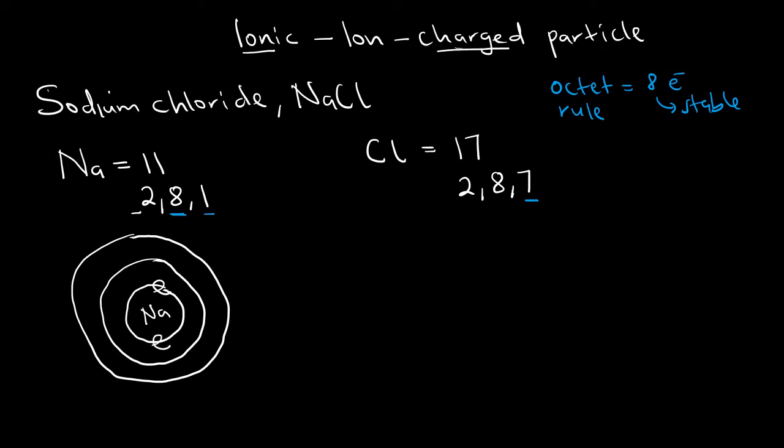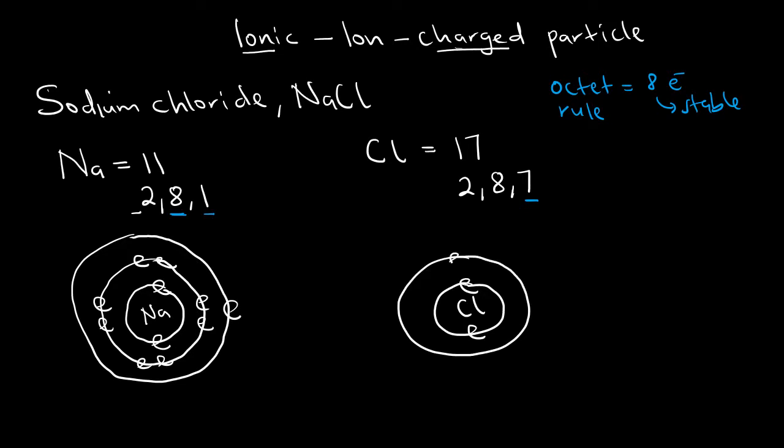Then we have 8 in the second energy level, 1, 2, 3, 4, 5, 6, 7, 8. And lastly we have 1 electron in the last energy level. The one for chlorine will be slightly different because it has 7 electrons in the last energy level. Sketching it very fast, we have chlorine, 2 electrons.